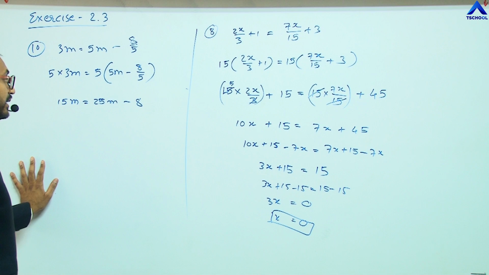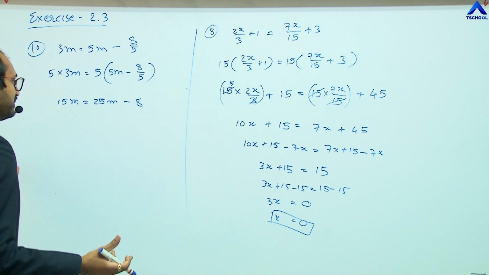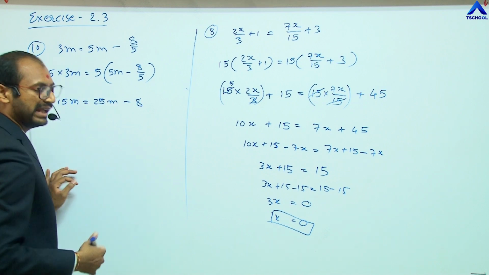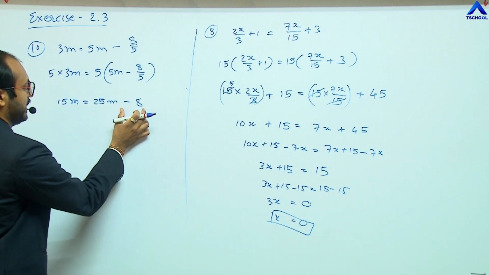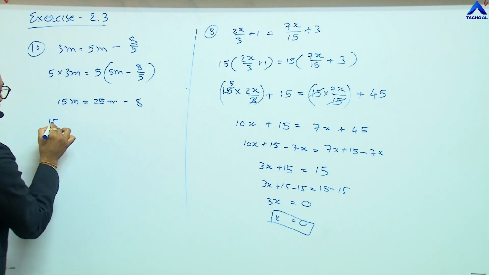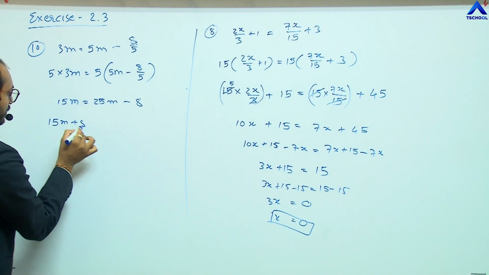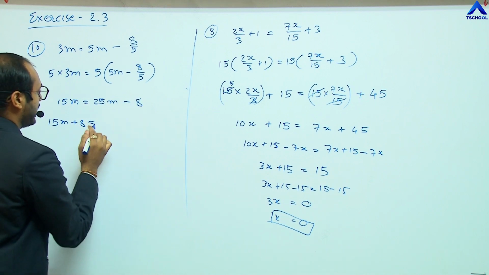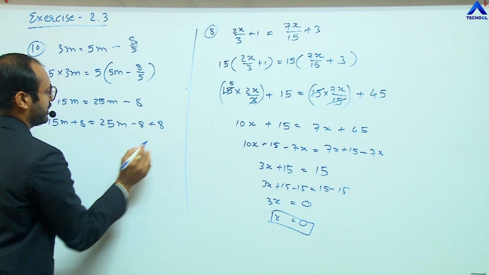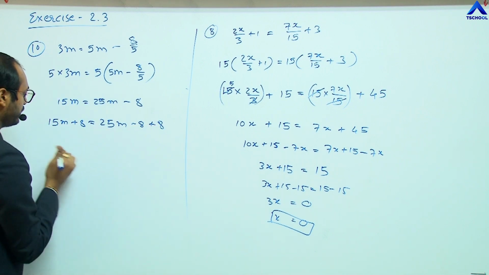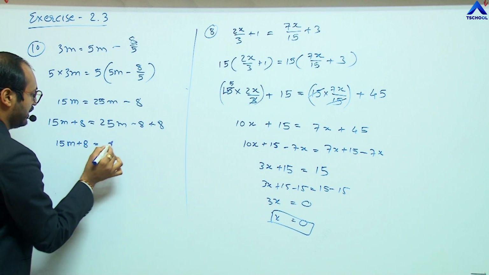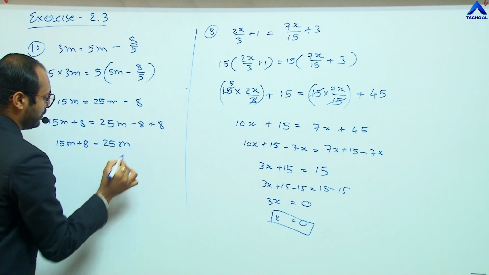So let me subtract 15 on both sides to make it simple. First of all, let me add 8 on both sides to remove this, because we have to make this term alone. So let me add 8, that is the additive inverse of minus 8. 25m minus 8 plus 8. We are adding 8 on both sides. Here 15m plus 8 equals to 25m.